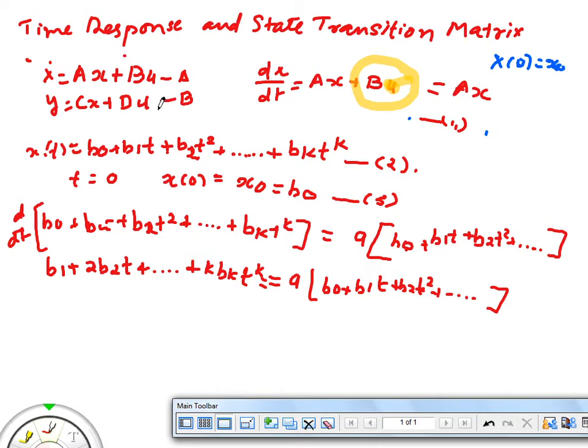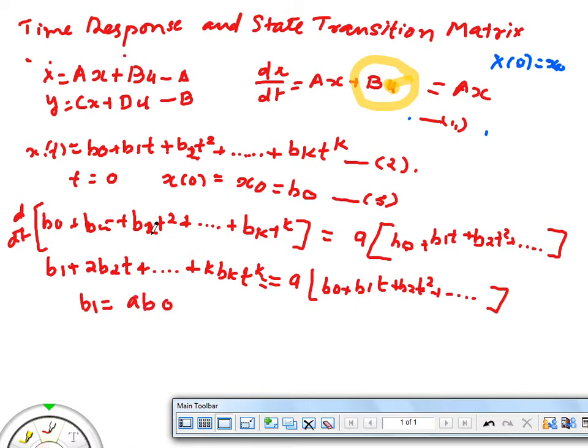Now I have to compare both sides, because unless and until all the coefficients match, they are not equal. The constant I will compare with the constant, and the coefficient of t I will compare with the coefficient of t. So b1 is equal to A into b0.